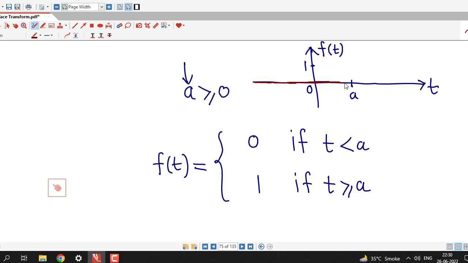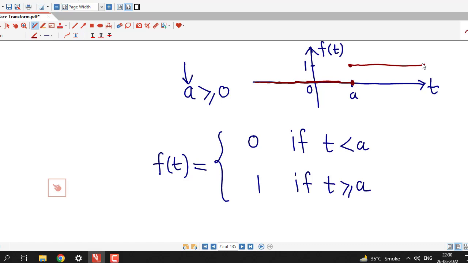So graph of function is on real axis or x-axis if t is less than a, and for t greater than or equal to a, function has value 1. So graph of function will look like this.